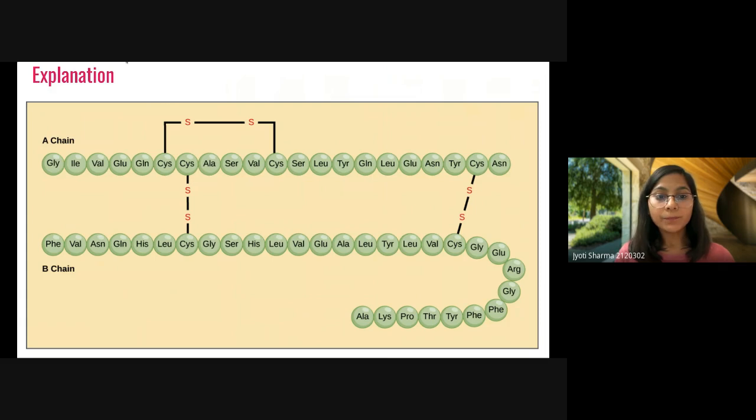If these amino acids are in a single chain, then this will be the primary structure of the protein. So glycine, then valine, glutamine. If these amino acids are in a single chain, then this gives you the primary structure of the protein.